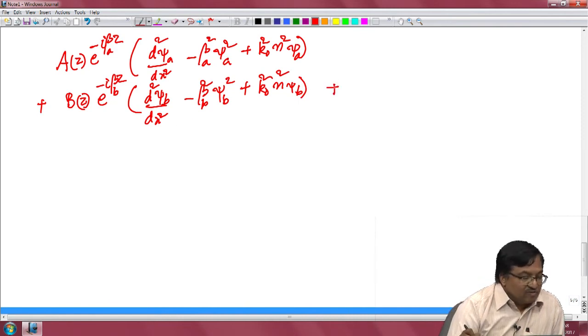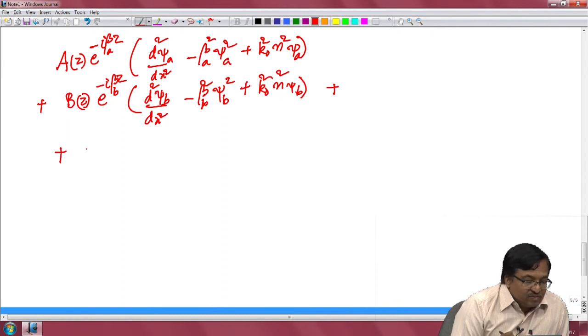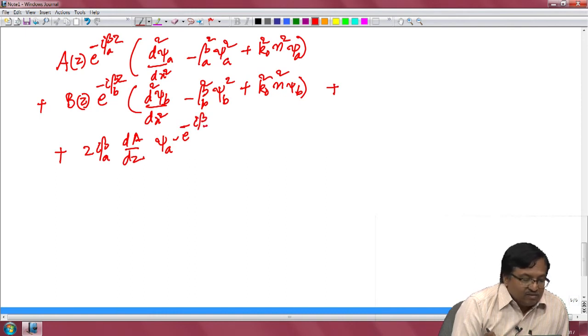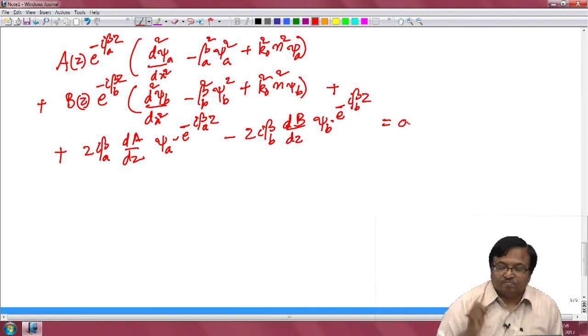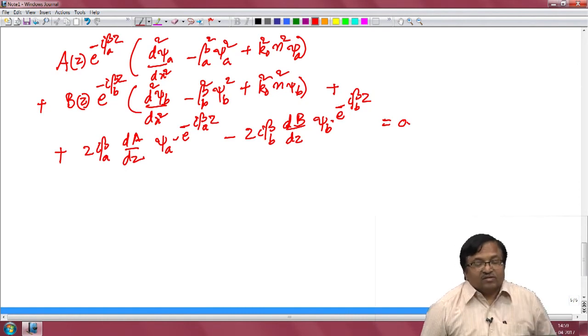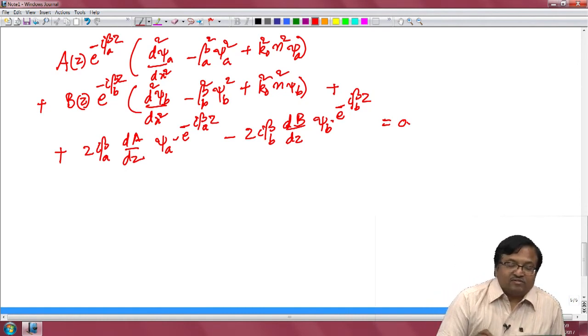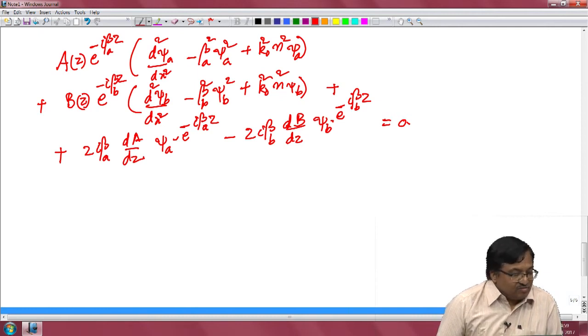plus, I will put separately once again, 2 i beta a dA by dz multiplied by psi a multiplied by minus e power minus i beta a z, minus 2 i beta b dB by dz multiplied by psi b minus e power minus i beta b z equal to 0. I have grouped the terms such that you can observe, interpret and take action on each of these terms.